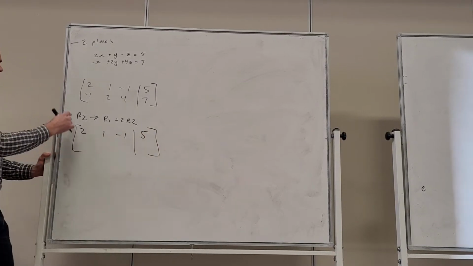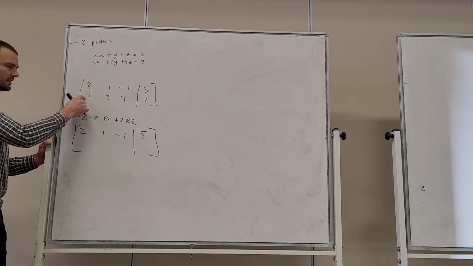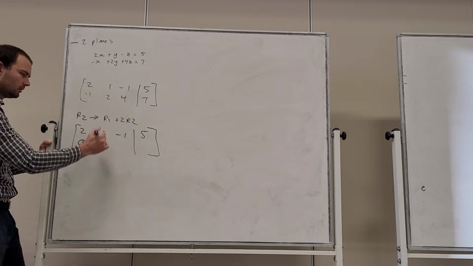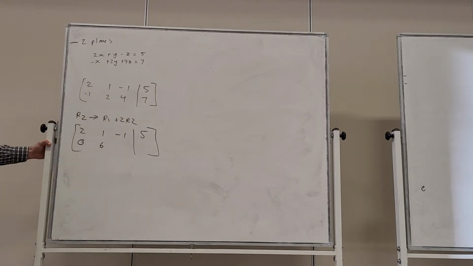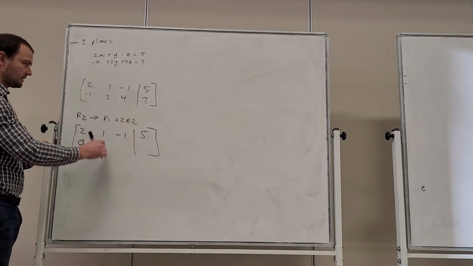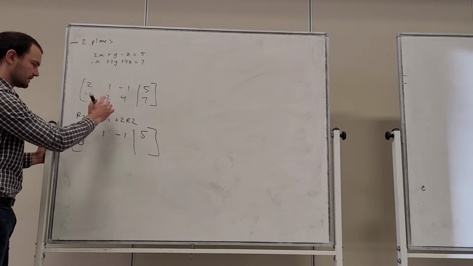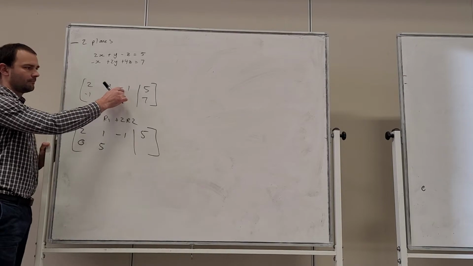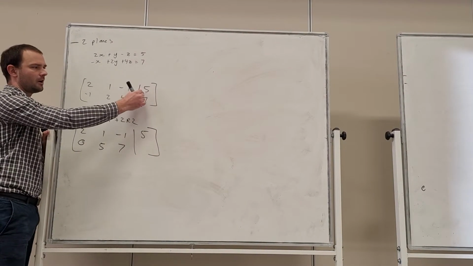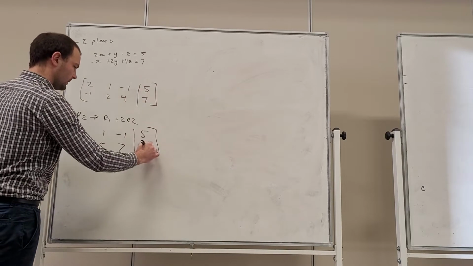And our second row, we're going to have 2 plus -2. We're going to have 2 plus 4. We're going to have minus 1. Excuse me, that's 5, isn't it? It's 1 plus 4. That's 5. We're going to have minus 1 plus 8 will be 7. And we're going to have 5 plus 14 will be 19.